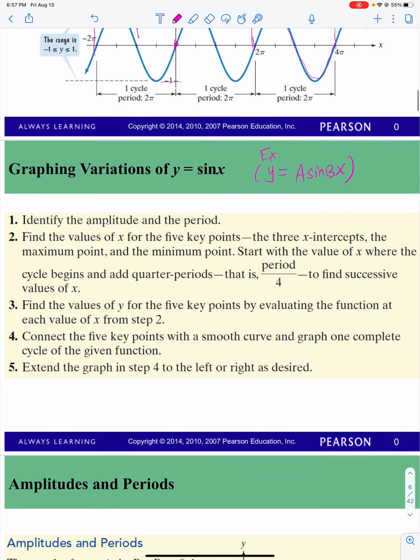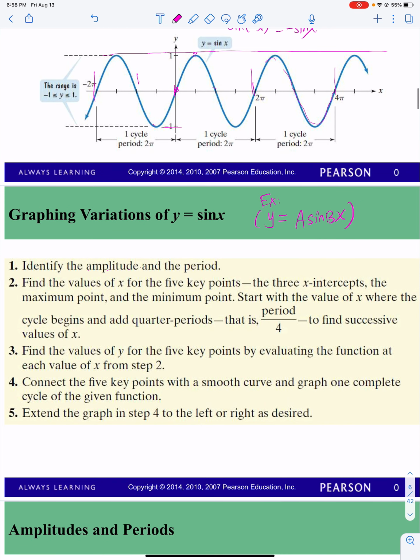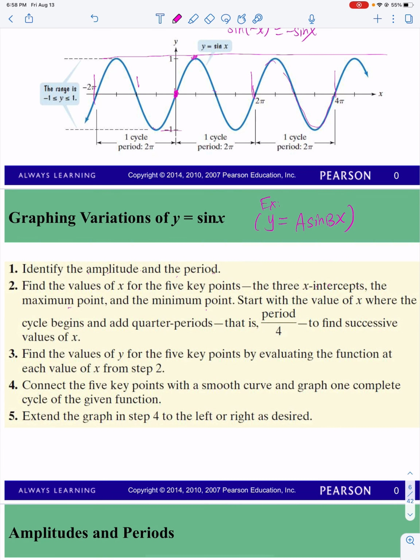What is the amplitude? That is the maximum it can go here. The period for here is what? 2 pi. And then find the values of x for the 5 key points: the 3 x-intercepts, the maximum point and the minimum point. So 1, 2, 3, 4, 5. Okay, so these are the 5 key points.